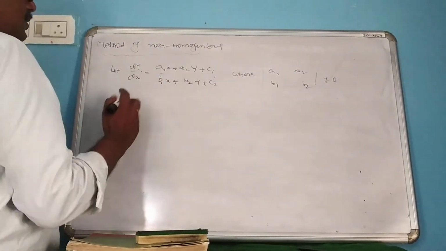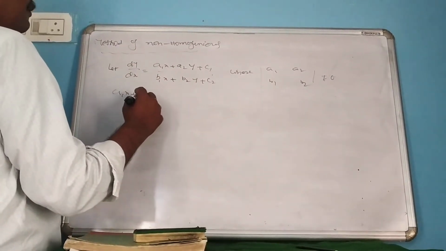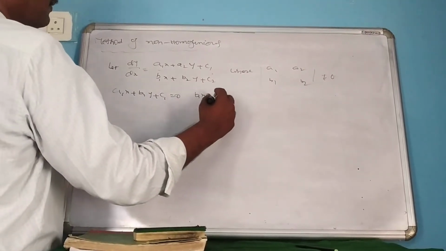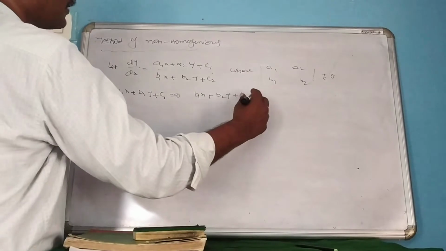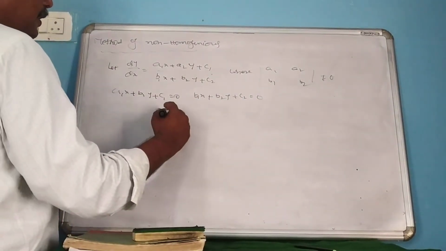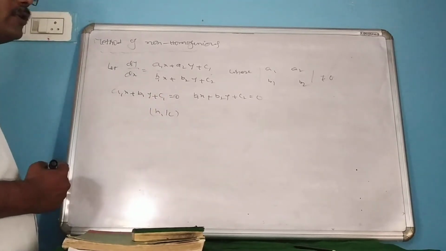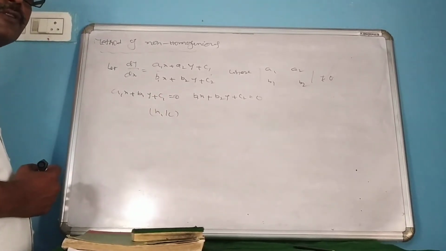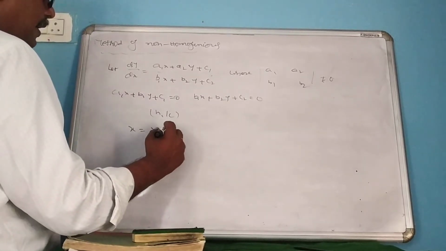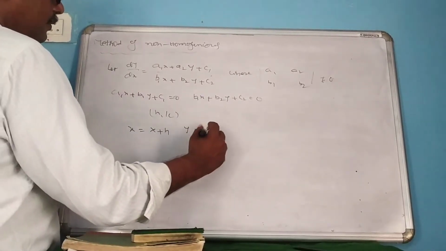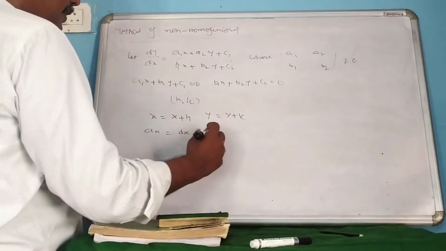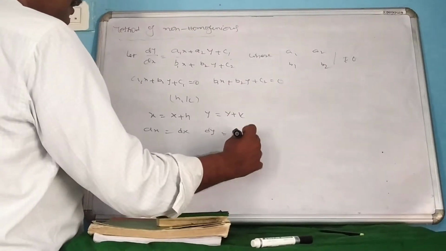Friends, let a1x plus a2y plus c1 is equal to 0, b1x plus b2y plus c2 is equal to 0. On solving this, let h, k be the solution. In this case, let us substitute x is equal to capital X plus h, y is equal to capital Y plus k. dx is equal to capital dX, dy is equal to capital dY.